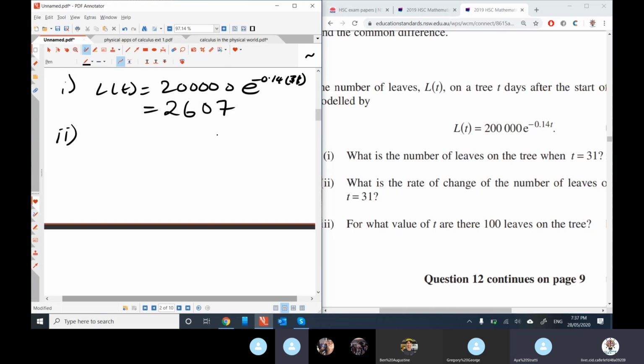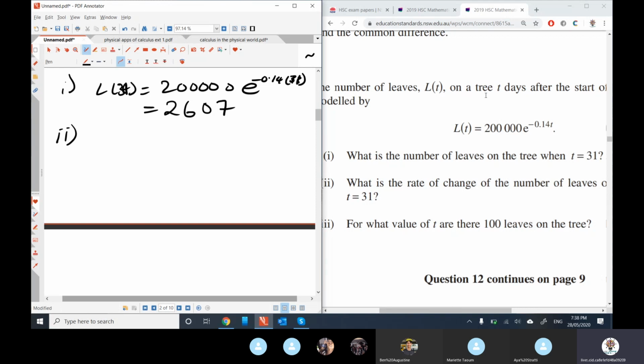Wait, Sam, don't you have to put 31 where the other t is with the L? Yeah, but what does that do? Does it do anything? Don't you just divide the t over? Oh, no. This is L of t.